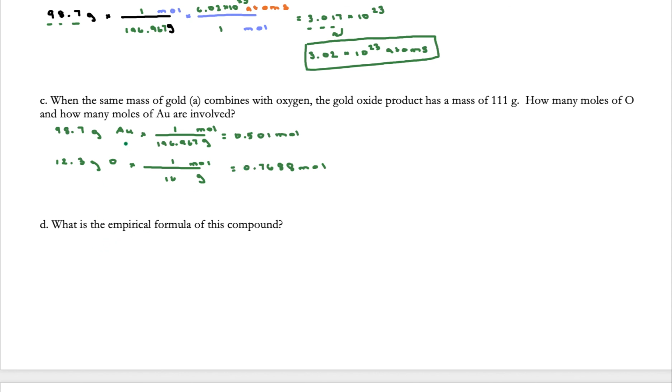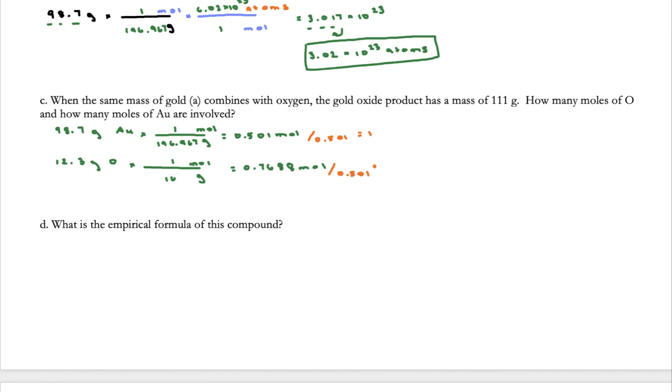Now, to determine my empirical formula, I'm going to do the work up here. I'm going to keep going. I'm going to divide by my smallest number of moles, which in this case is 0.501. So as far as empirical formulas are concerned, now I've got 1 mole of gold. I need to take the 0.7688 and divide that by 0.501 because that's my smallest number of moles.